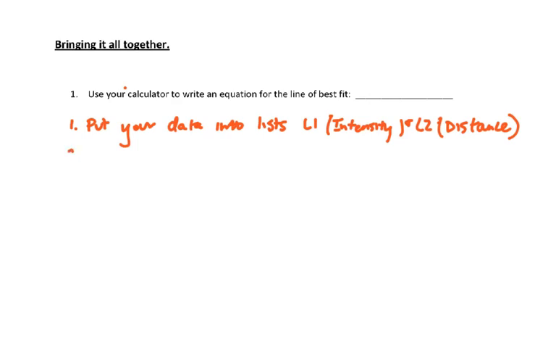Then we are going to go to Stat, then Calc, then 4, which should say LinReg ax plus b, and it's going to pop us out with a line equation.